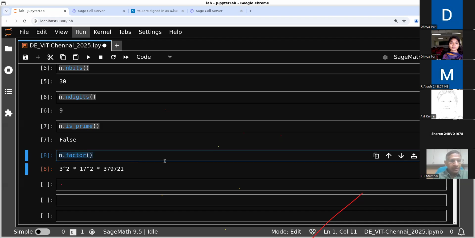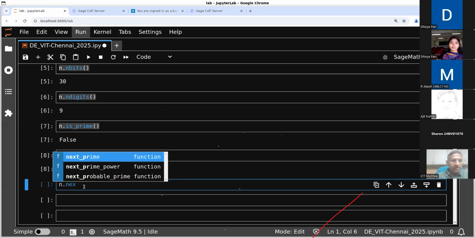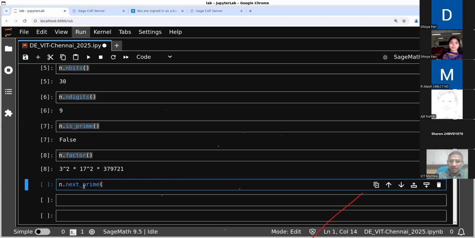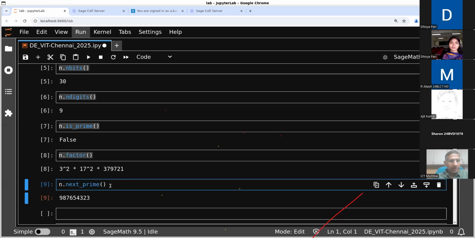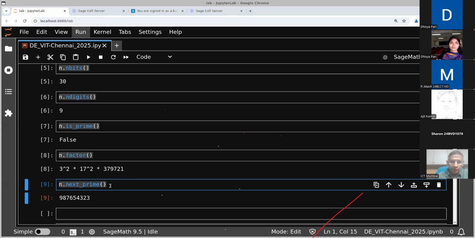If it is not a prime number, you can even find a number which is just bigger than this and prime. So you can say n dot next underscore prime. N dot next prime. Okay. And similarly, you can find out the previous prime. So if I'm looking for a prime number near to this, then very easily we can find out.